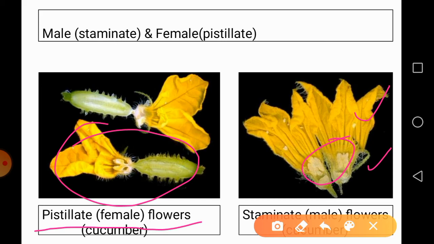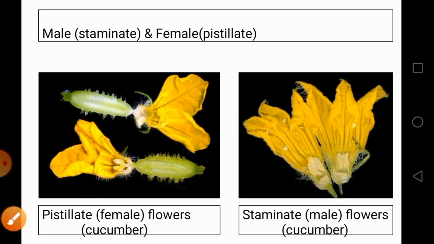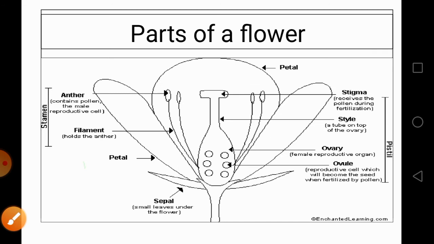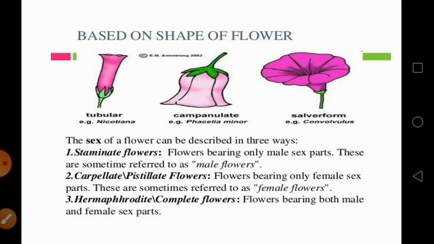Here the female reproductive organ is absent, so that flower is said to be a staminate flower. Then the next one is hermaphrodite or complete flower. If your flower bears both male and female reproductive organs, then that flower is said to be a hermaphrodite or complete flower. Okay.